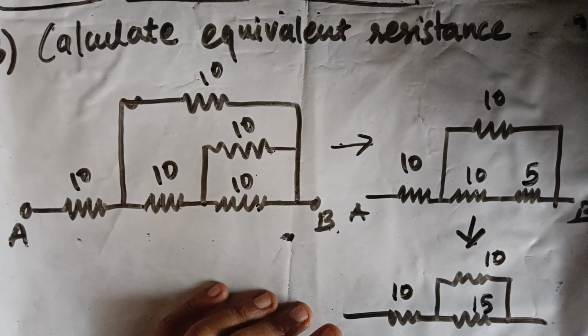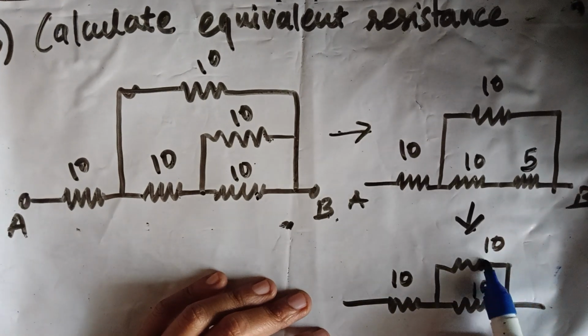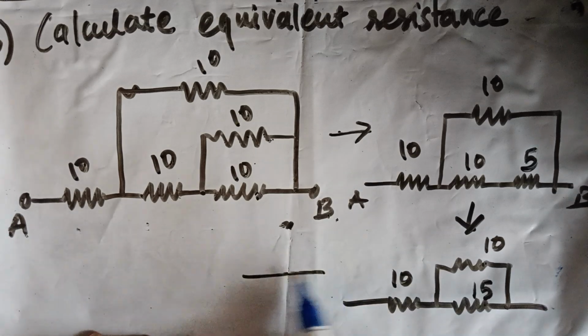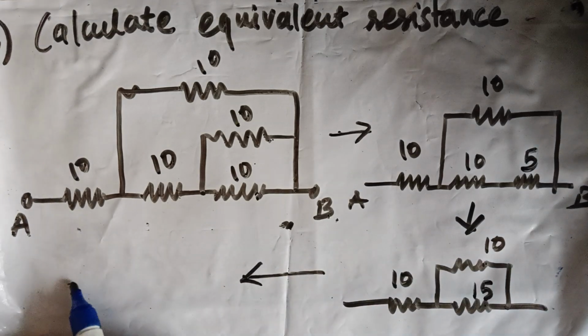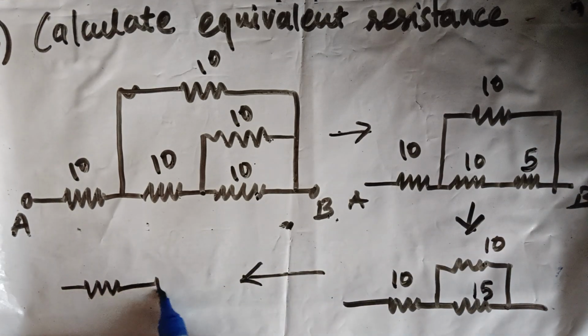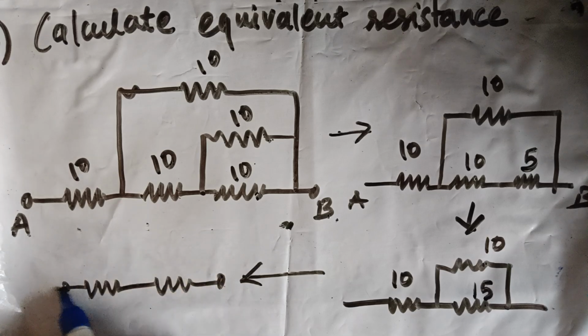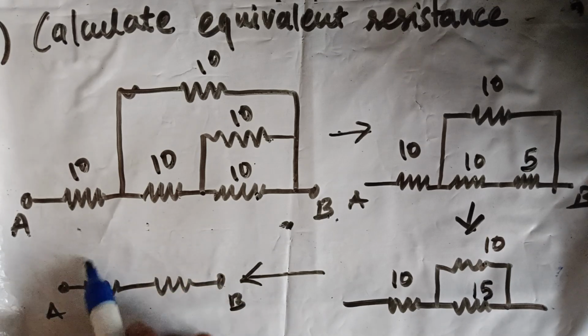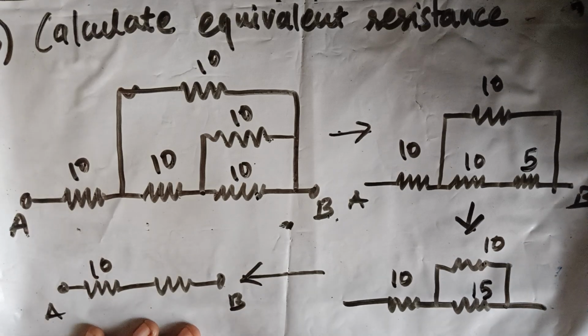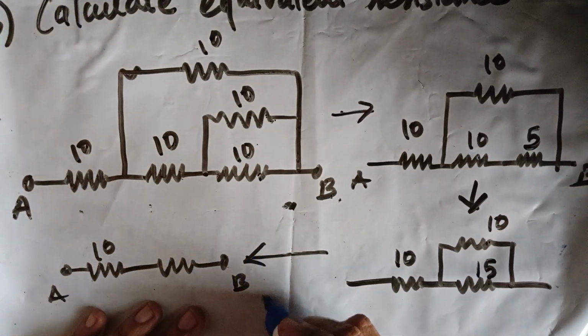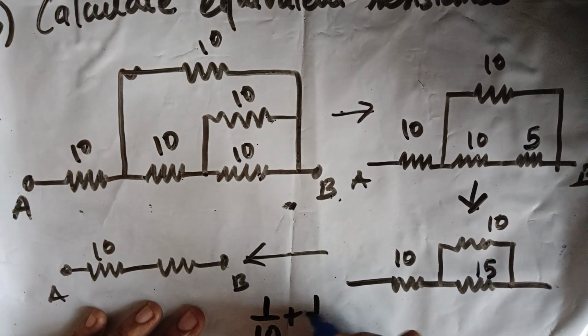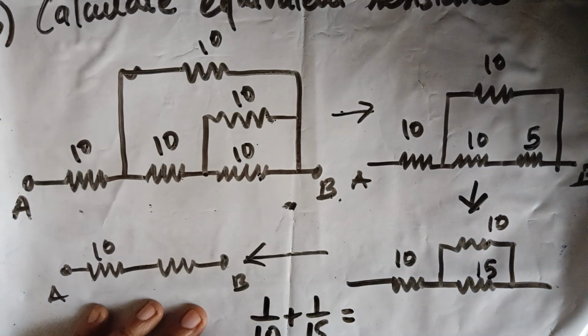Now next you have to take these 2 resistances, that is, these 2 are in parallel, correct? So at last you'll get it like this. For parallel you have to calculate 1 upon 10 plus 1 upon 15.